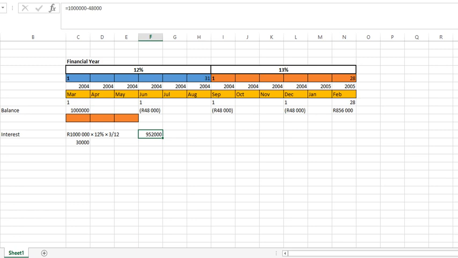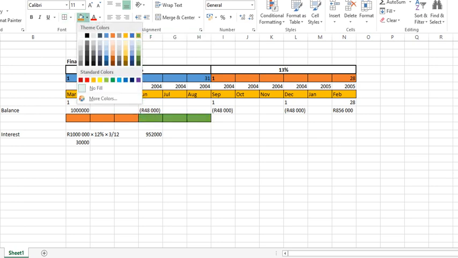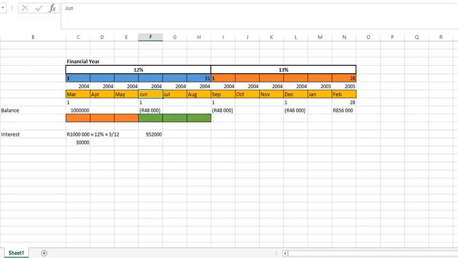This 952,000 Rand, we're now going to calculate the interest expense on during the period from the 1st of June 2004, because that's now a new balance. It's not R1,000,000 Rand, it's now a new balance of 952,000 Rand, up until the 31st of August.